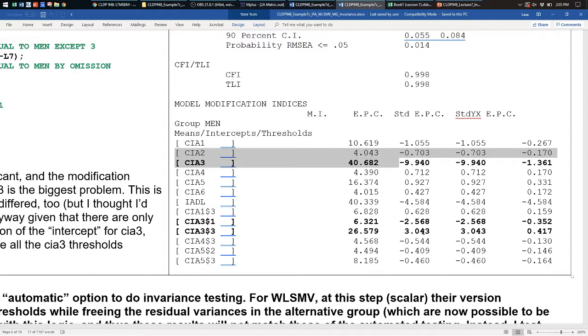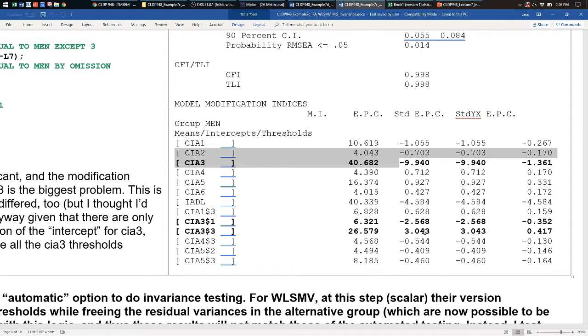It wants us to free the intercepts that don't exist. My only way I can rationalize this is that it's picking up on some sort of constant shift for all of the thresholds of an item. Like it wants to move the whole thing over as if there would be an intercept shift.